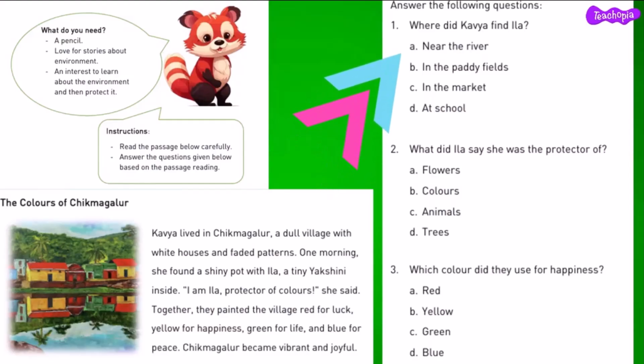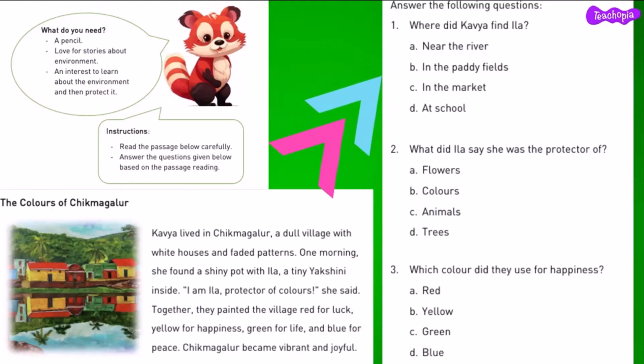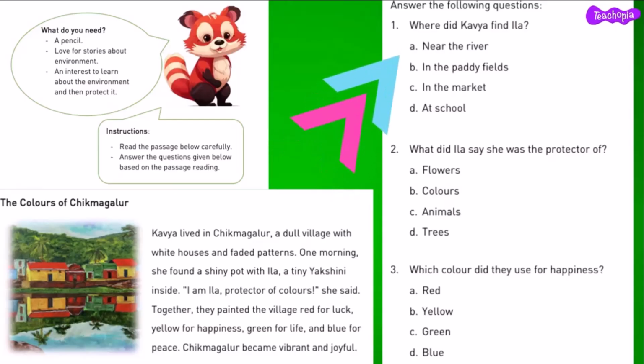The Colors of Chikmagalur. Kavya lived in Chikmagalur, a dull village with white houses and faded patterns. One morning she found a shiny pot with Ila, a tiny yakshini, inside. I'm Ila, protector of colors, she said. Today they painted the village red for luck, yellow for happiness, green for life, and blue for peace.